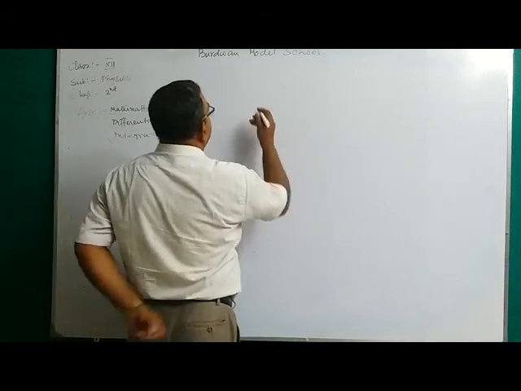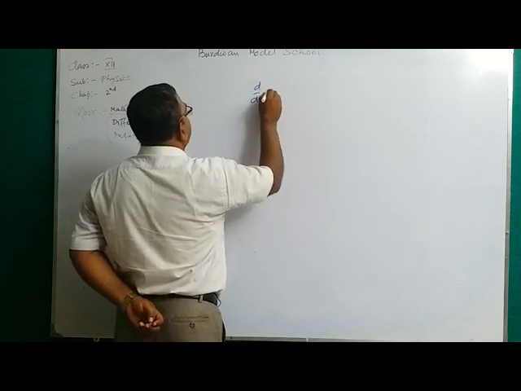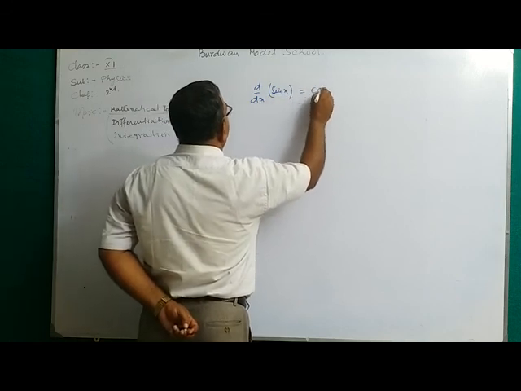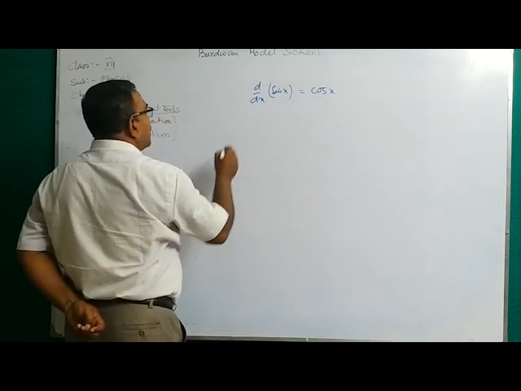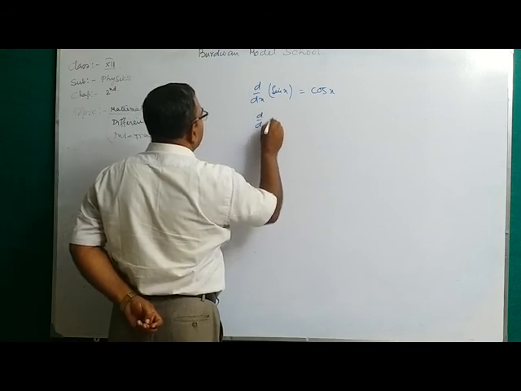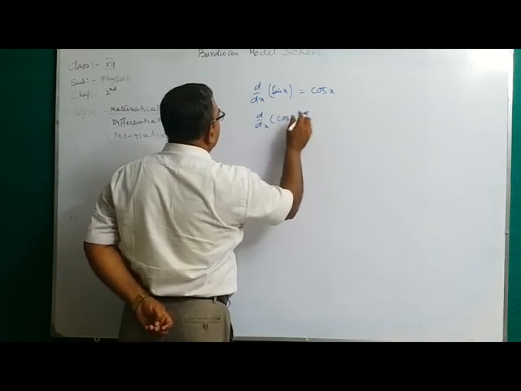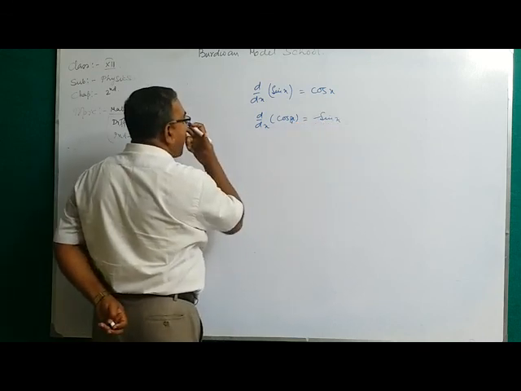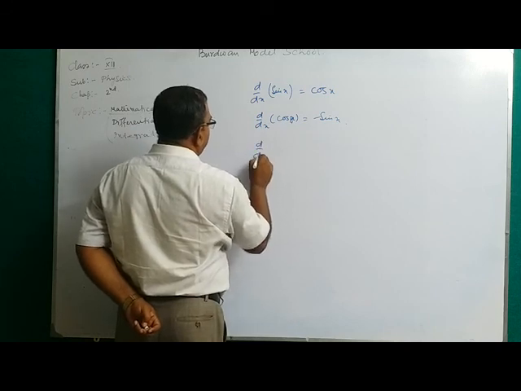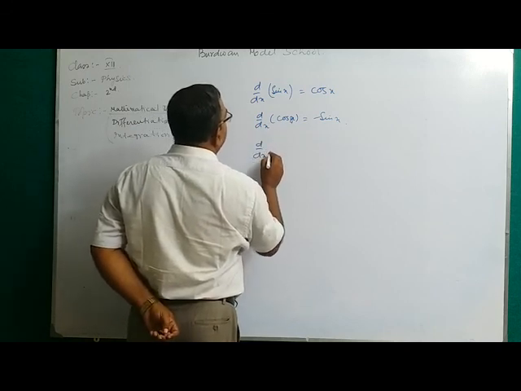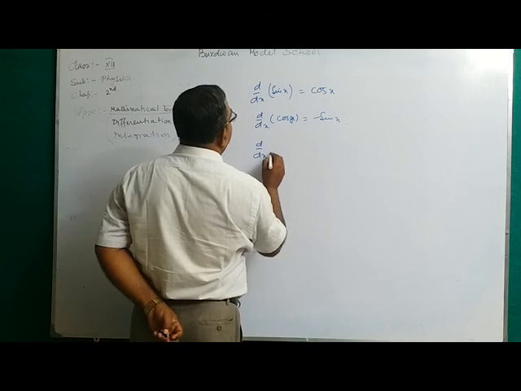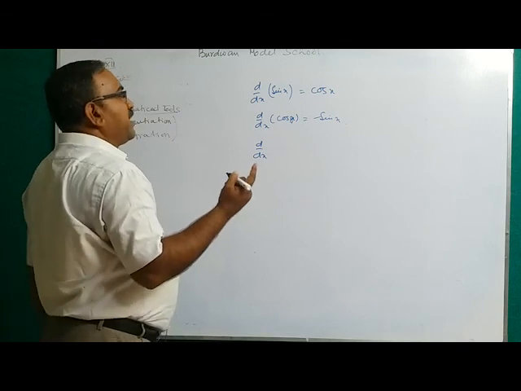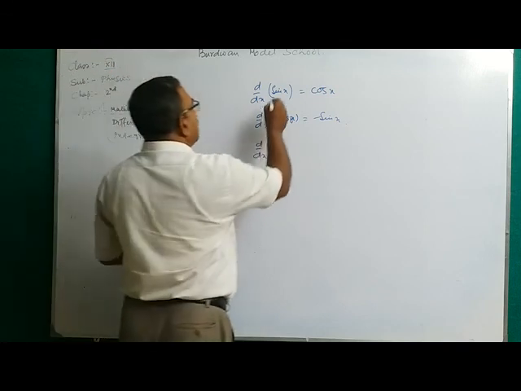Trigonometric function is not required, but you remember it: d/dx of sin x equals cos x. d/dx of cos x equals minus sin x. d/dx of cosec x is equal to minus cosec x cot x. Similarly, you remember it.